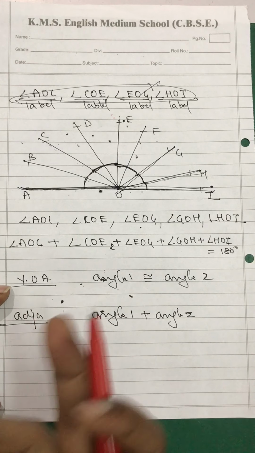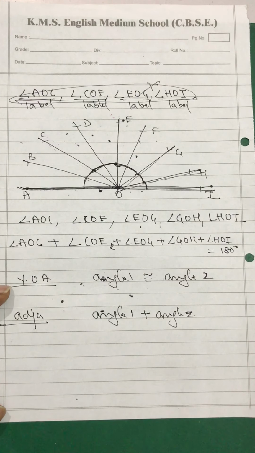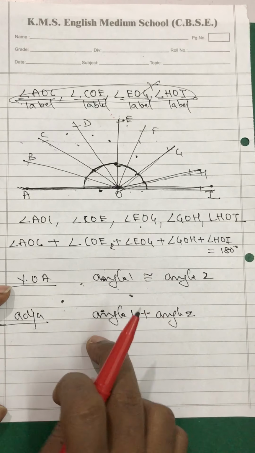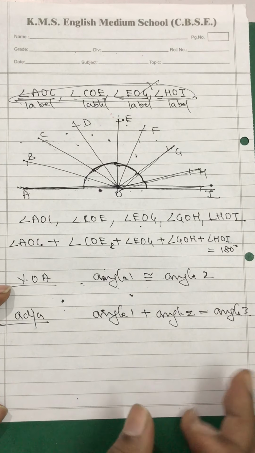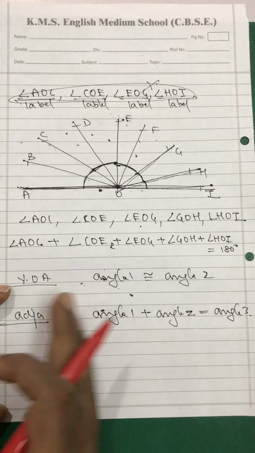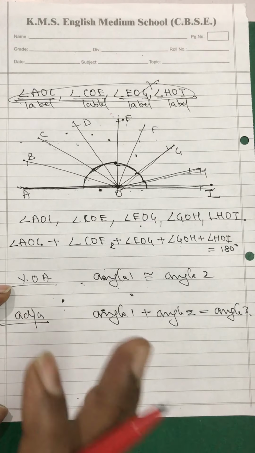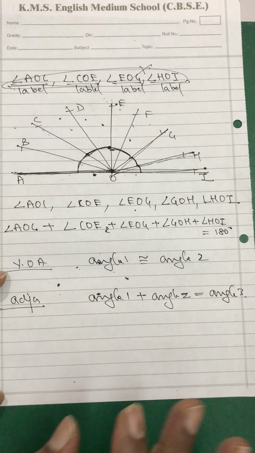You should see that these two angles satisfy the property of adjacent angles: the markings of these two angles should be in continuity. Only then angle 1 plus angle 2 will give you angle 3. There can also be angle 1 plus angle 2 plus angle 3 plus angle 4 equal to angle 5. Not necessarily only two angles.